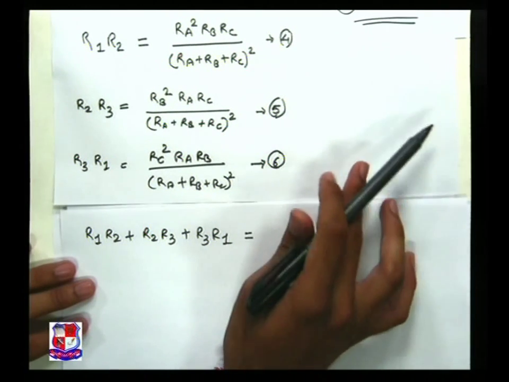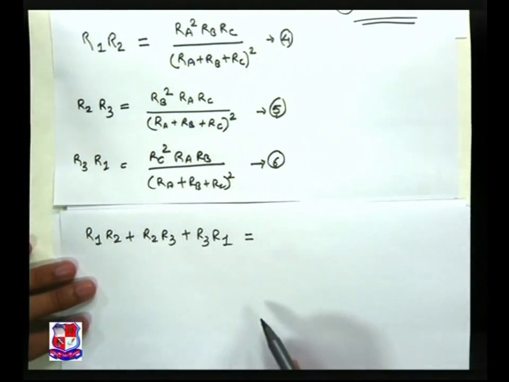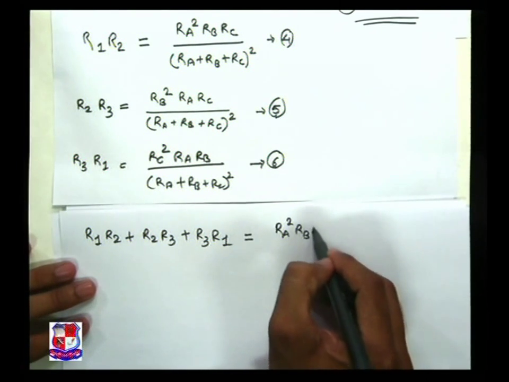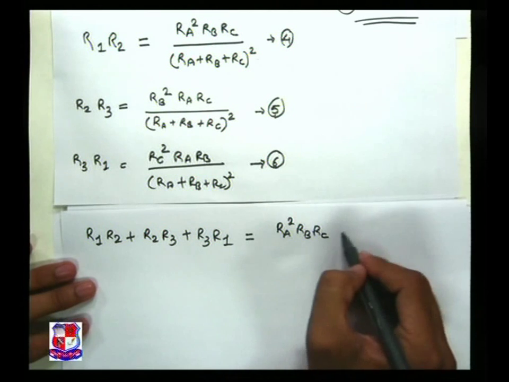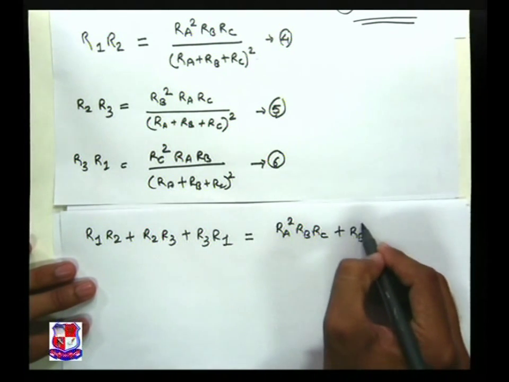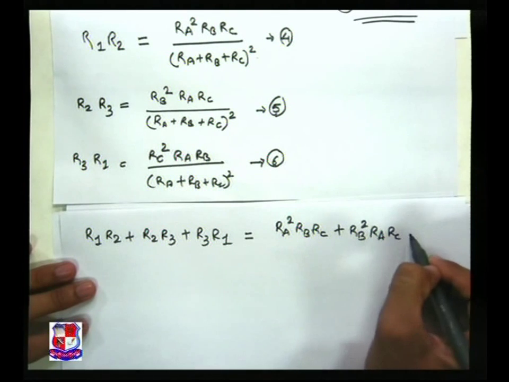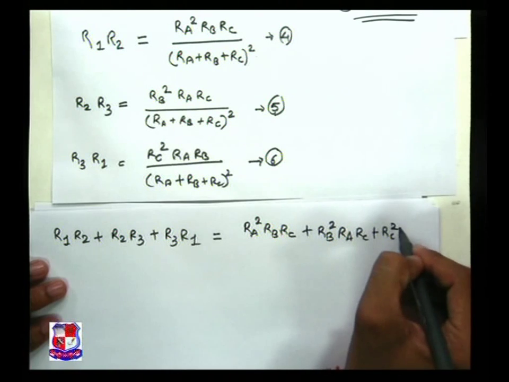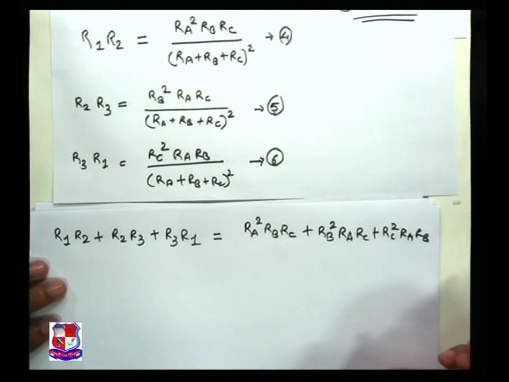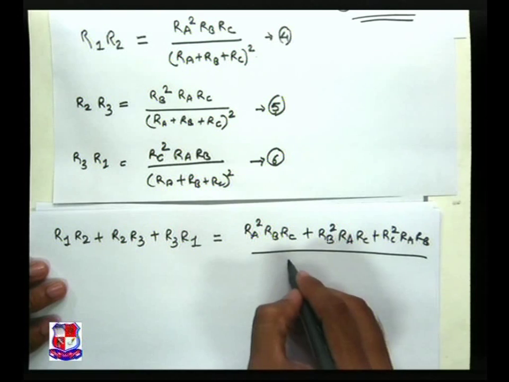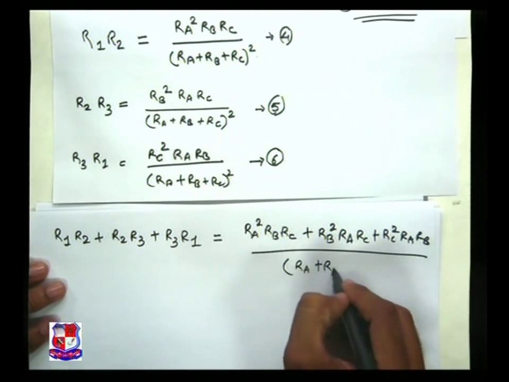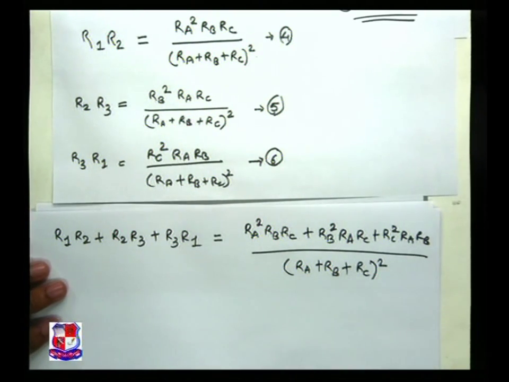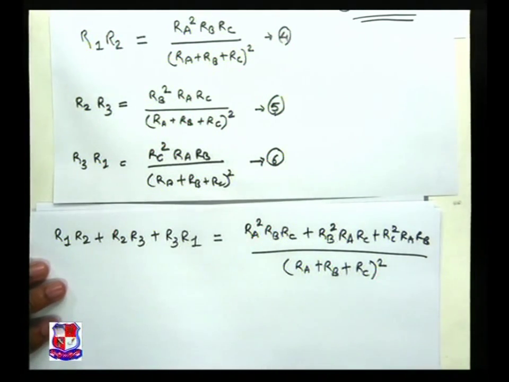So in the LCM part we take the denominator and the numerator parts are just added. So the numerator becomes RA square RB into RC plus RB square RA into RC plus RC square RA into RB. In the denominator RA plus RB plus RC square, because in these 3 equations the denominators are common.